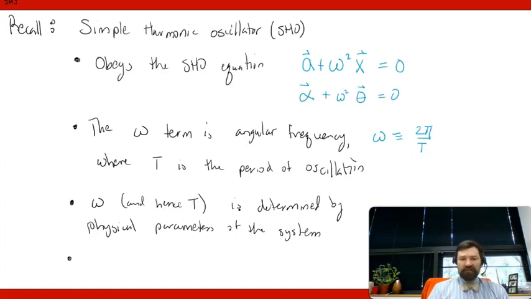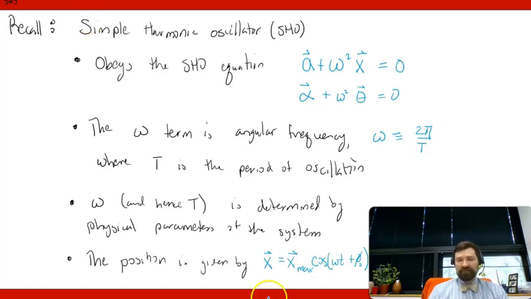And then last but not least, the position versus time equation will obey a sinusoidal relationship with time. That is, position is some amplitude times, let's say, the cosine of the angular frequency times time plus some initial offset phase.